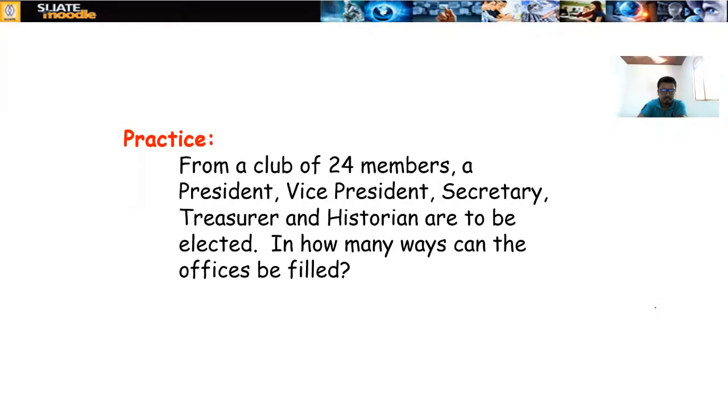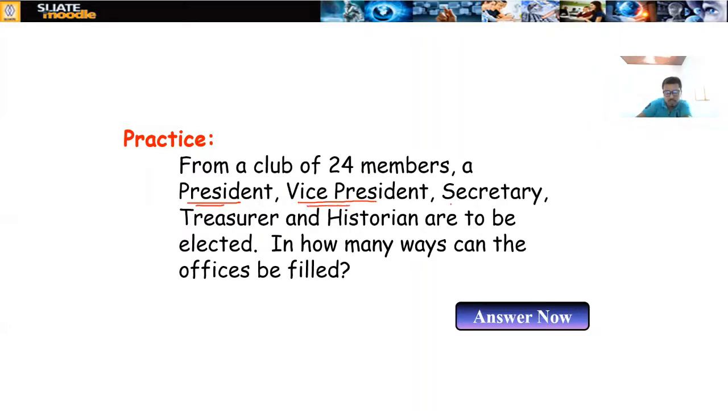From a club of 24 members, the president, vice president, secretary, treasurer, and historian are to be elected. So we are electing for specific positions.